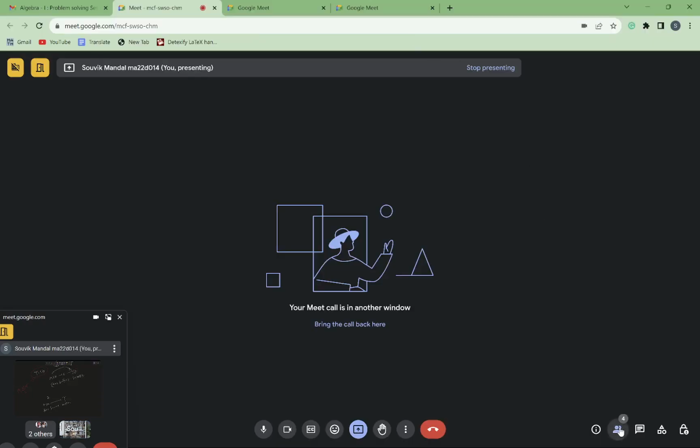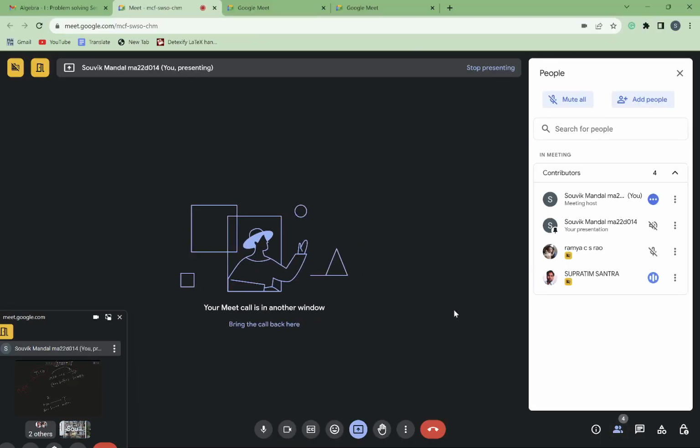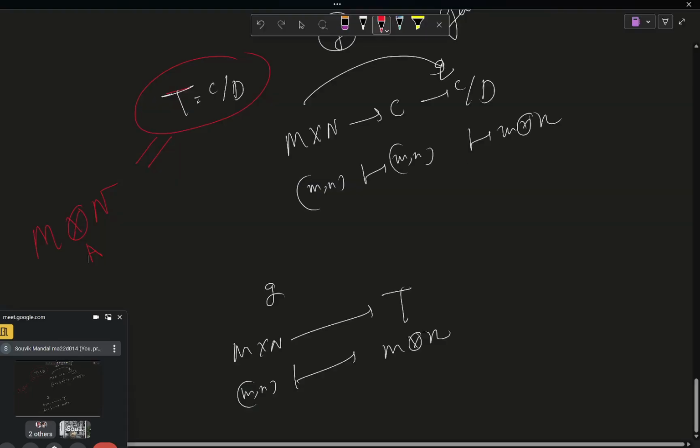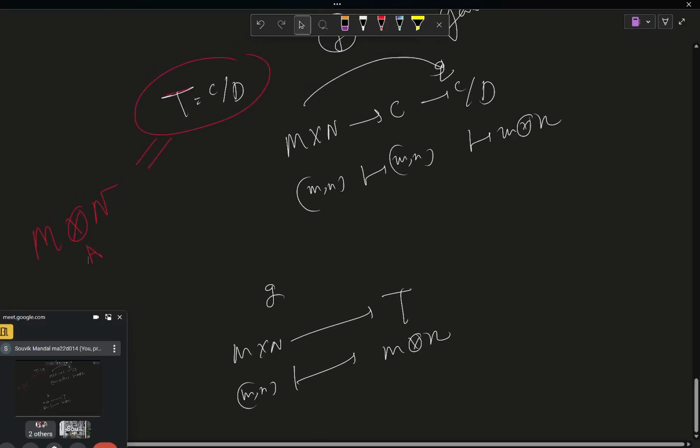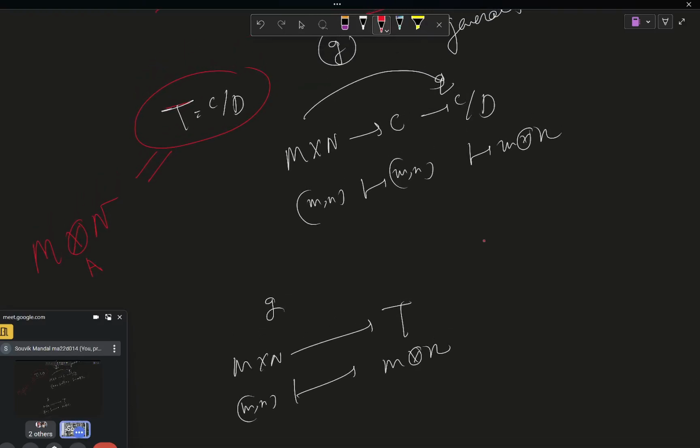Sir, is the map defined by (m, n) goes to a_i (m, n)? What is a_i?